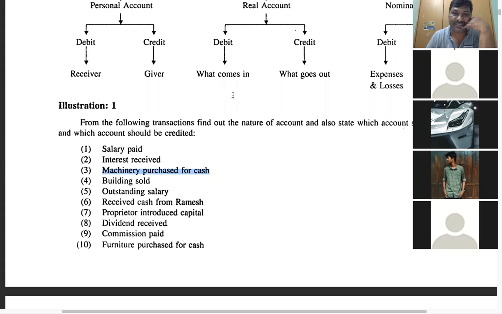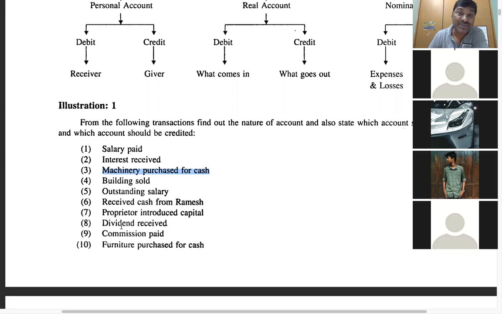Debit what comes in. Debit the cash account, and something else is to be credited. What is to be credited? Dividend is to be credited.